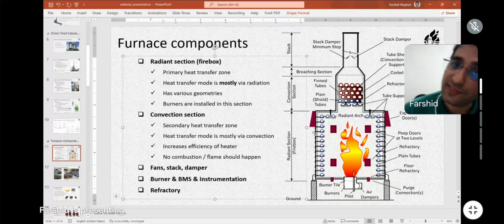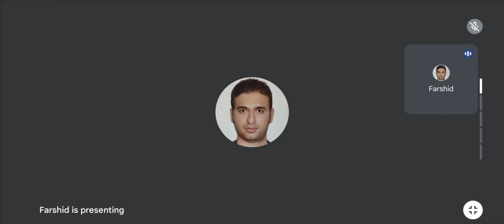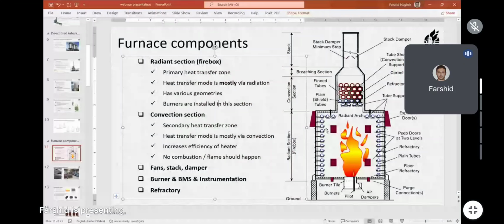Also, the flue gas transfers its heat via convection to the tubes. So first flue gas radiates to the tubes, then refractory radiates to tubes, and then flue gas convects its heat to tubes.